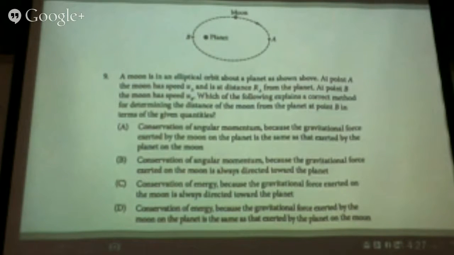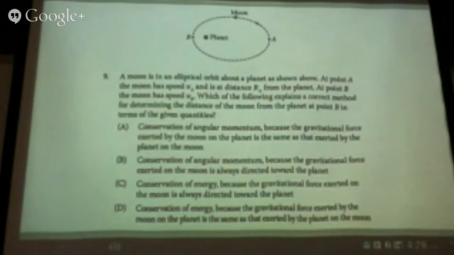Okay. We're looking at the motion of the moon around the planet. We're treating the planet like it's stationary in this problem. Even if it's not stationary, we don't care about the motion of the planet. So if we start with a rationale about the force acting on the planet, that's probably not going to be useful for us because we don't care about forces on the planet.